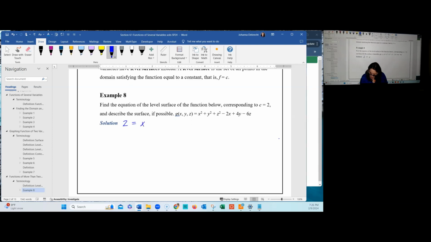And then we have it equal to x squared plus y squared plus z squared minus 2x plus 4y minus 6z. And yes, you're right, you need to complete the square on all 3. So go ahead and pause the video, work it out, then turn the video back on, and we'll compare our answers.